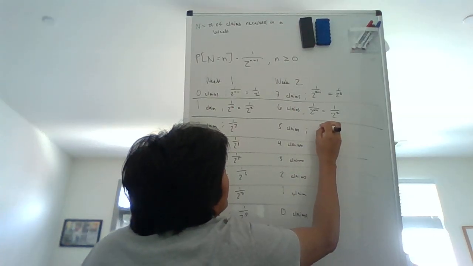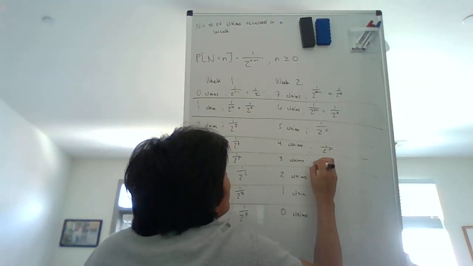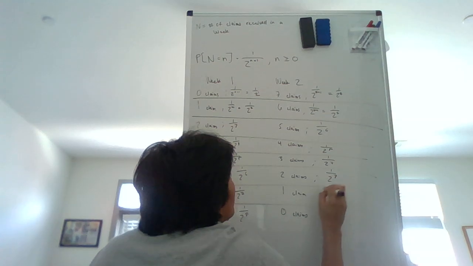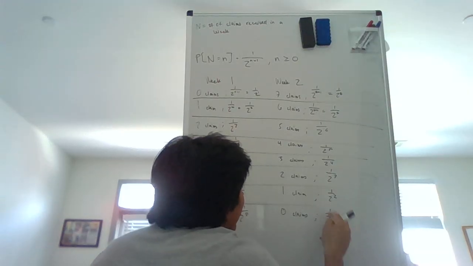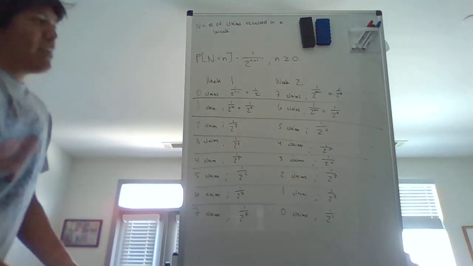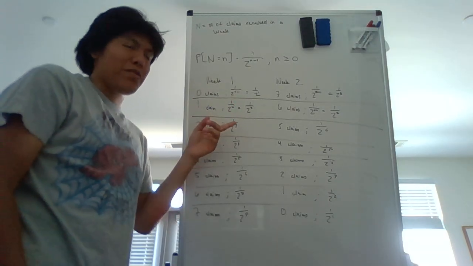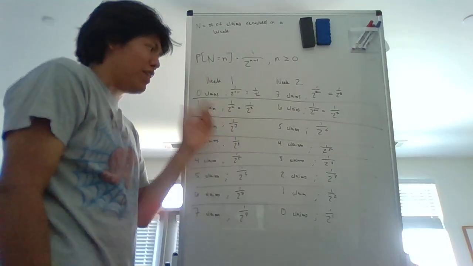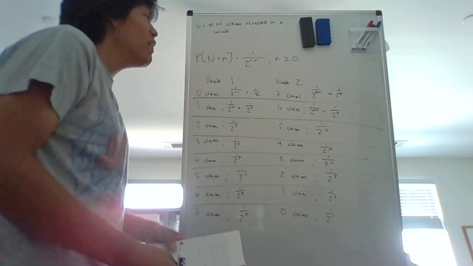And over here, 1 over 2 to the 6th, 1 over 2 to the 5th, 1 over 2 to the 4th, 1 over 2 to the 3rd, 1 over 2 to the 2nd, 1 over 2 to the 1st. Once you solve for a couple, you can notice where the trend is going. So that's why I skipped adding to the exponent, and just went straight ahead to the answer. Same thing over here.